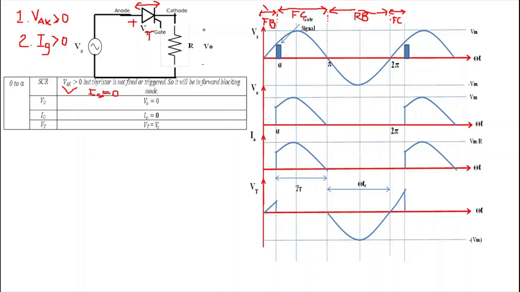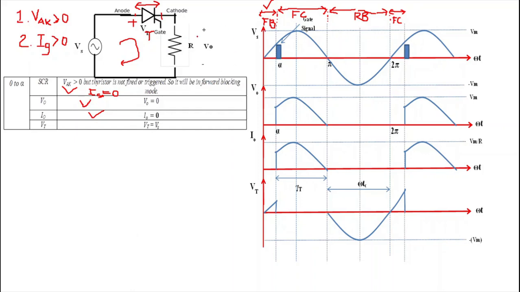FB means forward blocking mode. When this thyristor acts as an open switch, the current in this circuit is equal to 0. So here I0 is equal to 0. When I0 is equal to 0, our output, which is I0 into R, is also equal to 0. That's why V0 is equal to 0.